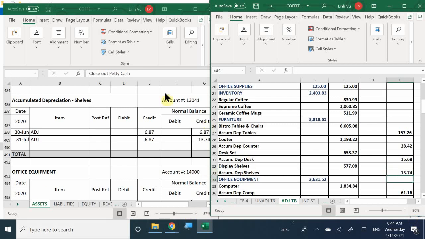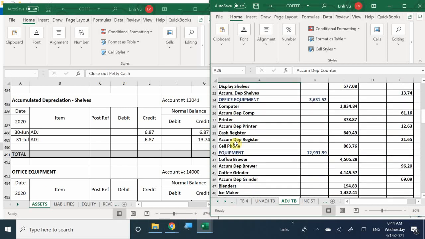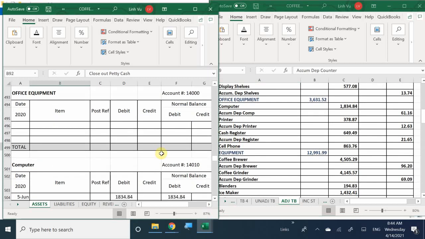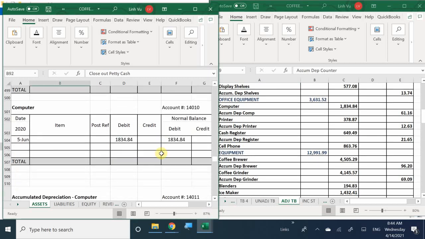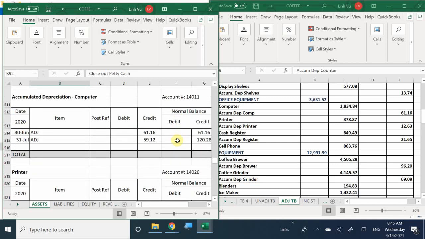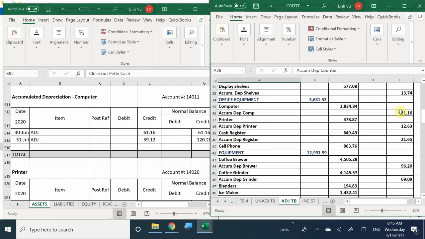Okay. Now we're going to go ahead and move along into office equipment. So once again, in office equipment, we have our computer, right? Still the same. But our accumulated depreciation on our computer is now 120.28. Okay. And then this one should also be updated as well, right? I've added all my assets and I've also credited all my accounts. All right.